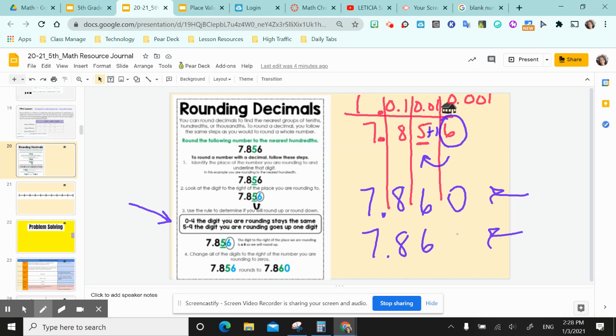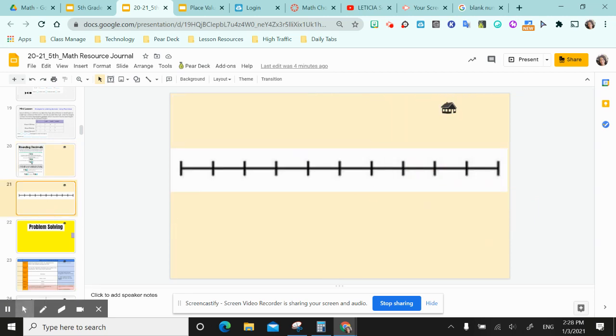You can also look at it with a place value number line. So I'm going to fill in my numbers. Okay, and then I'm going to fill in the rest with my decimals.